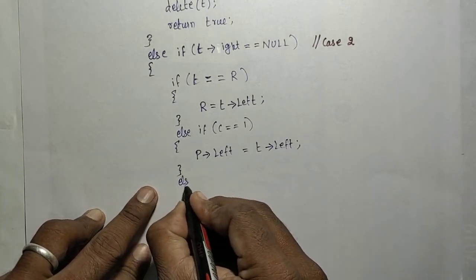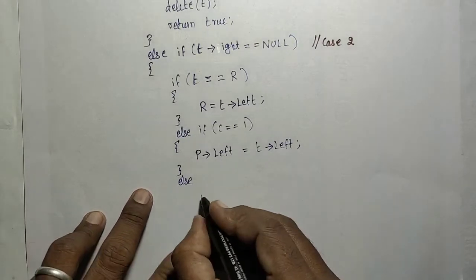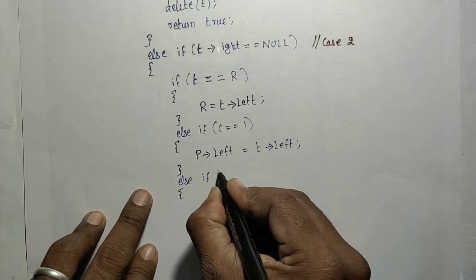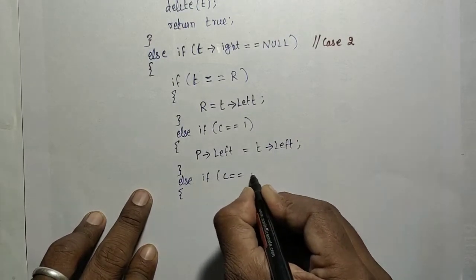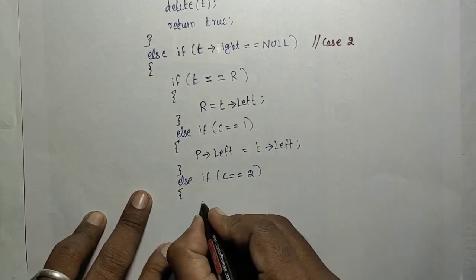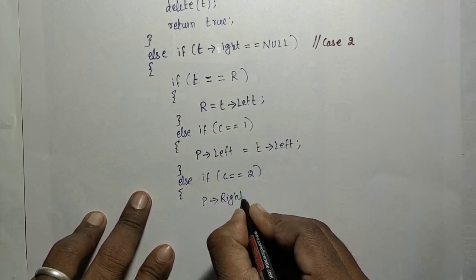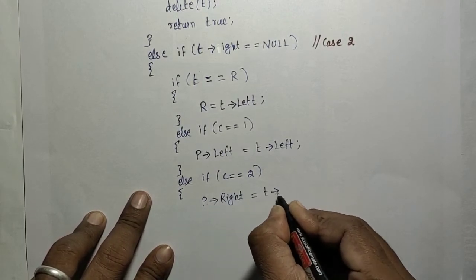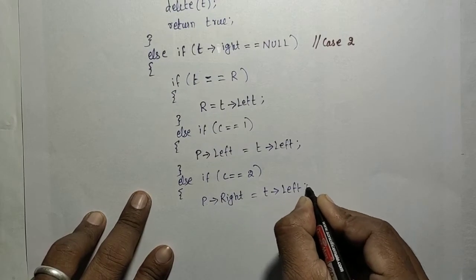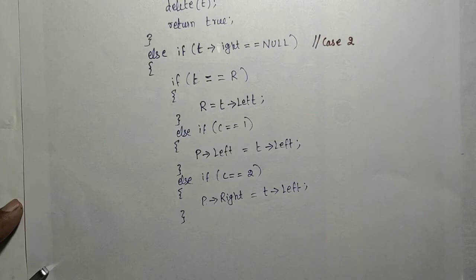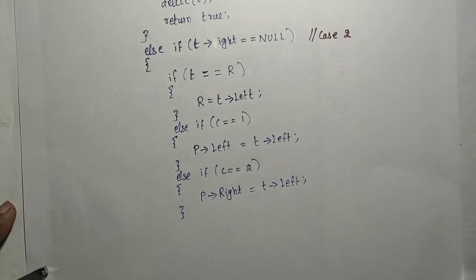Else, by default that is the third case, or you can check if c equal to 2, in that case p of right equal to t of left. Okay, so 3 cases are over. So t will be disconnected from the tree.